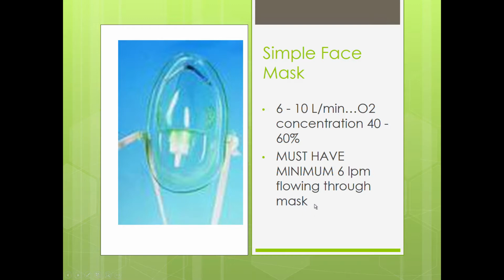Now, the only tricky part with the mask is that you must have a minimum of 6 liters per minute flowing through the mask. If you run the mask lower than 6 liters per minute, you'll cause carbon dioxide to trap in the mask and you can make your patient faint. Okay, so it's always an exam question I love to ask: what is the minimum requirement for a simple face mask and why?